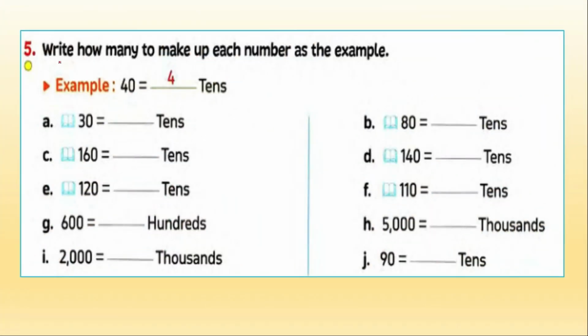Now let's solve. Write how many to make up each number as the example. Okay, 40 equals 4 tens. It's very easy. 40 equals 4 tens. It means 4 times 10. 4 tens, okay? The next one, 30 equals 3 tens.